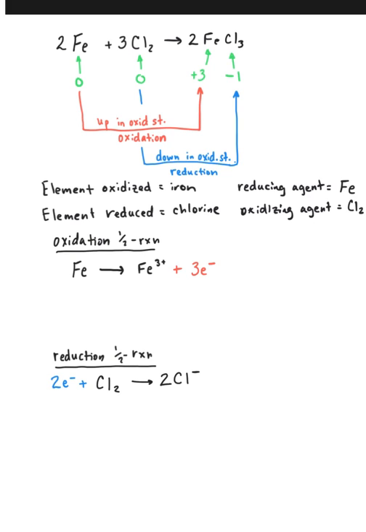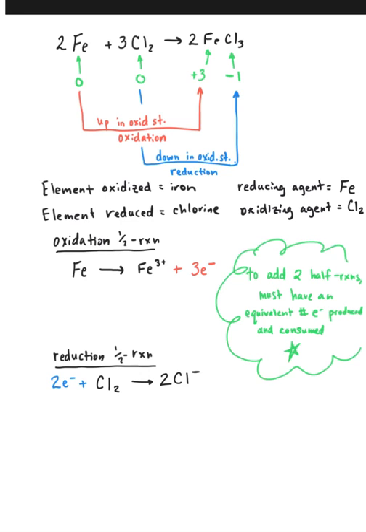So, in order to be able to add these reactions together, we need to show a net equivalence in electrons transferred. To add 2 half reactions together, we must have the same total number. We've got to have the same total number of electrons produced as consumed, so that electrons just go away in our overall reaction.